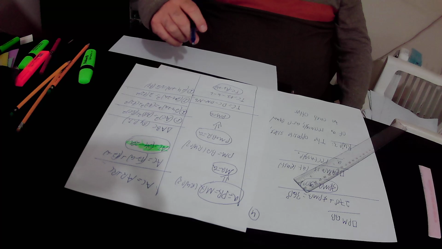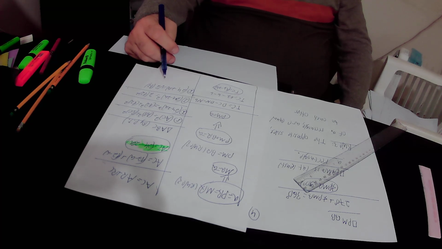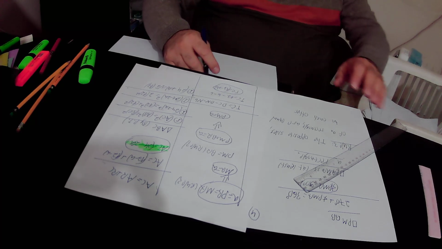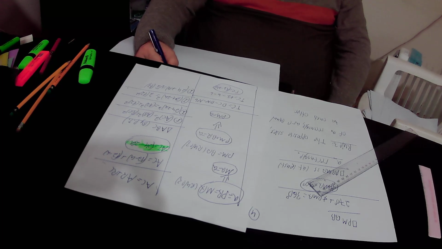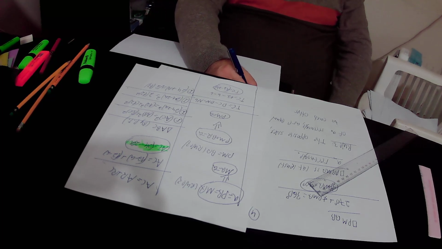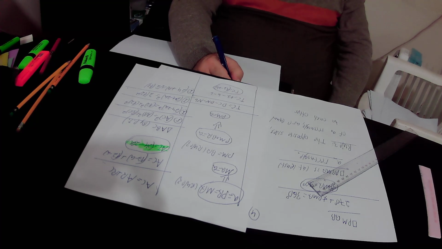So here we will add to this equation 2A, and we will subtract the square root of 2 times 12, and we will get that according to equation number 1, 2A equals 24 minus the square root of 2 times 12.